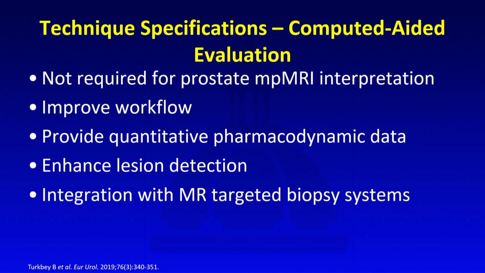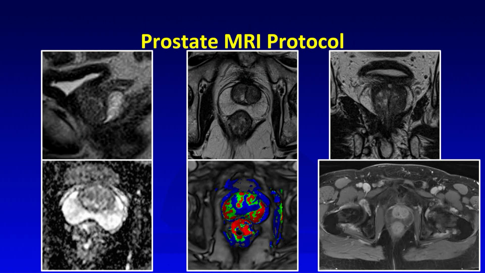That's really our main purpose, not so much for the diagnostic aspect. In terms of our prostate MRI protocol, you have small field of view, high-res T2s in axial and coronal, diffusion-weighted images, and DCE. And for our post-contrast images, we do big field of view through the pelvis because we want to catch any lymphadenopathy or bone lesions.